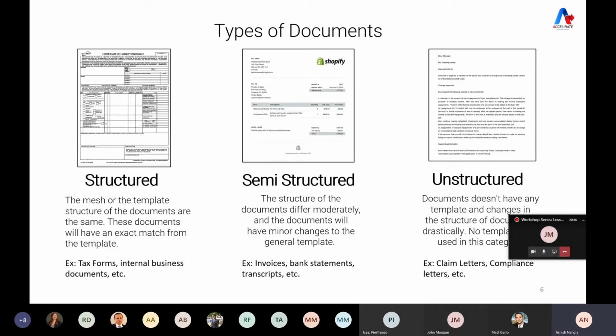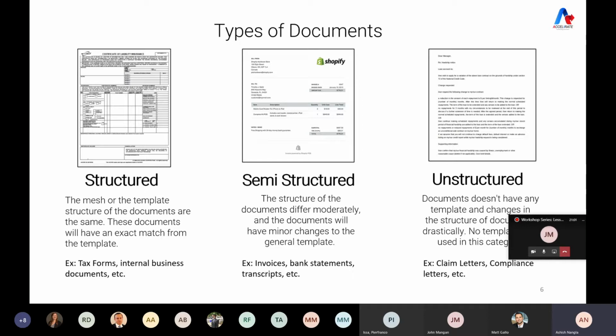The industry generally defines documents in three types: structured documents, semi-structured documents in between, and unstructured documents. Structured is something that has a proper form, essentially with boxes drawn around certain areas where people fill in information.